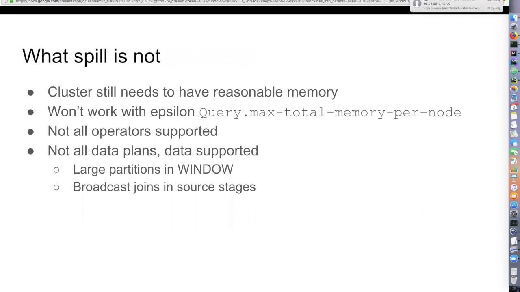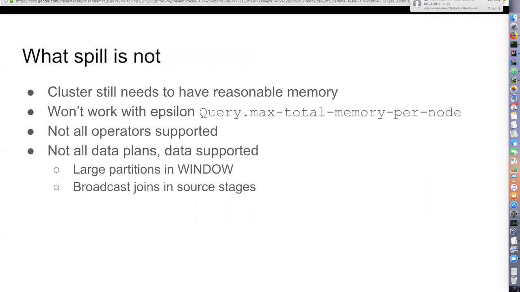So this is probably important: when you have spill enabled, but spill is not triggered, you don't get a performance penalty. So you should be able to enable spill in your workloads by default.